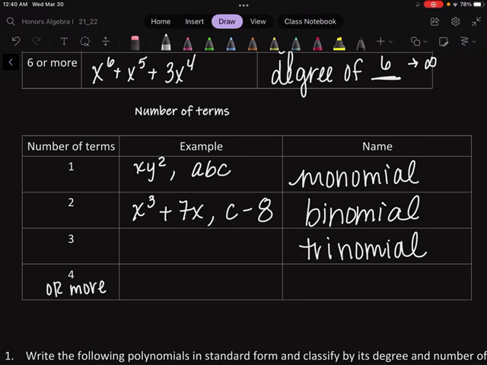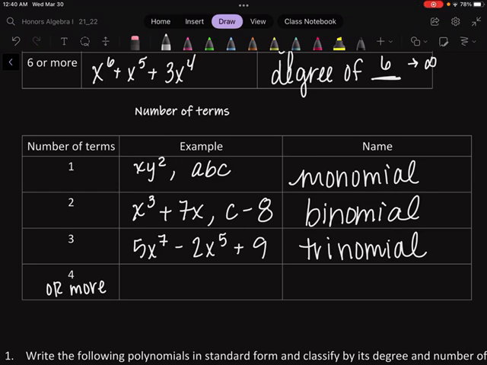So the trinomials, again, we could have anything like 5x to the 7th minus 2x to the 5th plus 9, anything given that it's 3 terms.